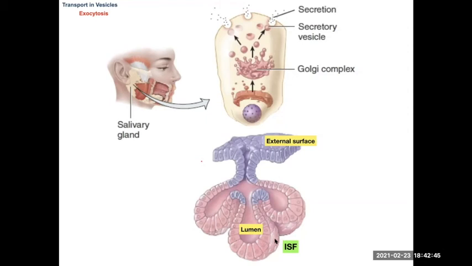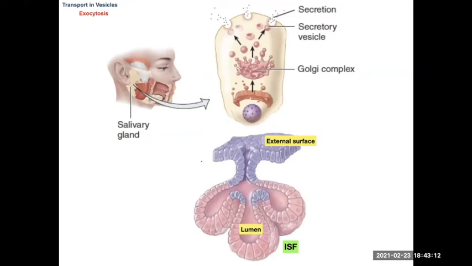The cells over here are making the product, and then they're releasing them into the lumen. In this case, this is an exocrine gland. So all the product's going to be released into the lumen, and then it's going to go out the duct here and out onto, in this case, the mouth, the external surface right there.